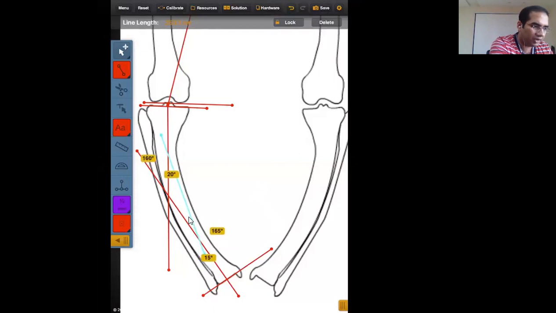Now look, I have drawn a line which is more or less parallel to the shaft of the tibia. As you can see, it is parallel to the tibia, and it is intersecting the reference lines inside the bone.